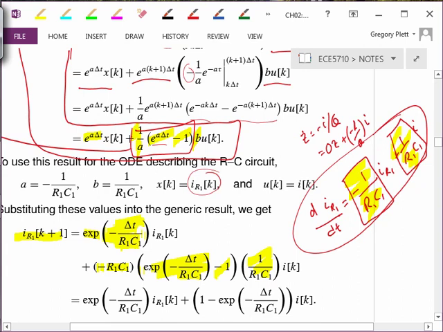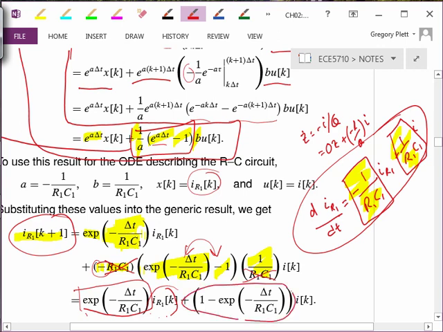A small amount of cancellation happens. R1C1 gets canceled out, and the minus 1 reverses the order of this. So I can write it a little more simply as resistor current at time index k plus 1 equals some constant number based on the cell parameters times the resistor current at the previous time step, plus some other constant number times the input current at that time step as well.